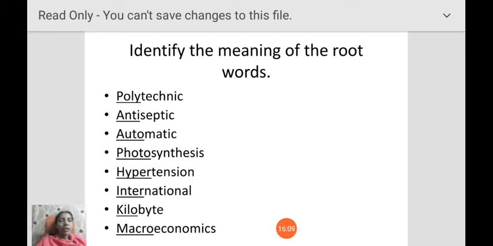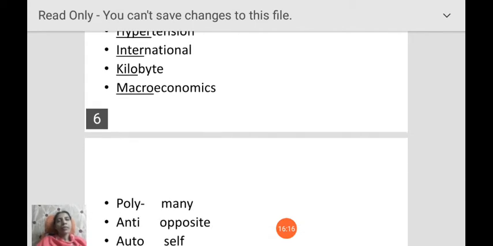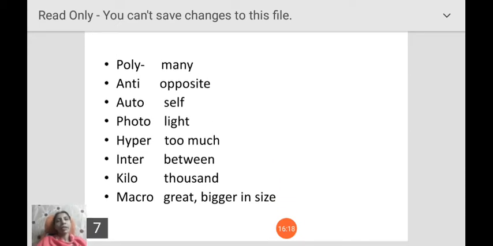Now let us look at the root words one by one. Here is the meaning. Just copy down.